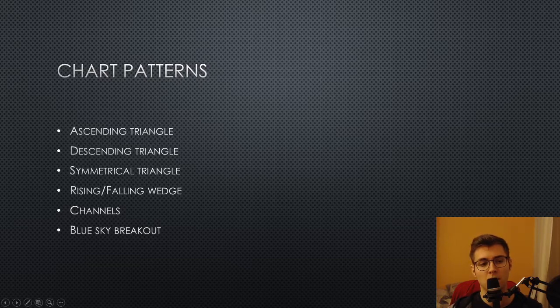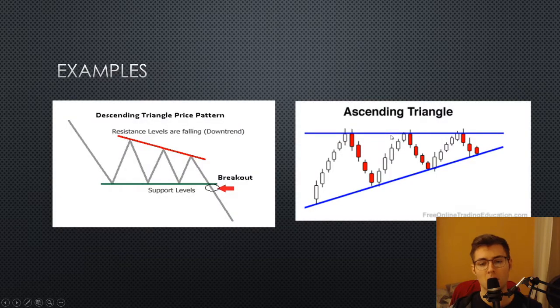Yeah, and so moving on, we have some examples, and I'll show you the rest of them on the next slide. What I like the most, actually, is the descending triangle and the ascending triangle. That is because in both cases we have a horizontal line, and that is the line of least resistance.